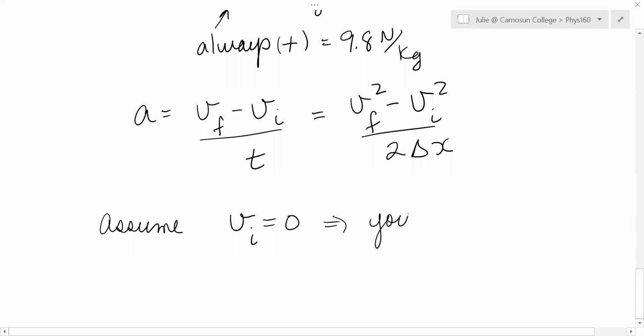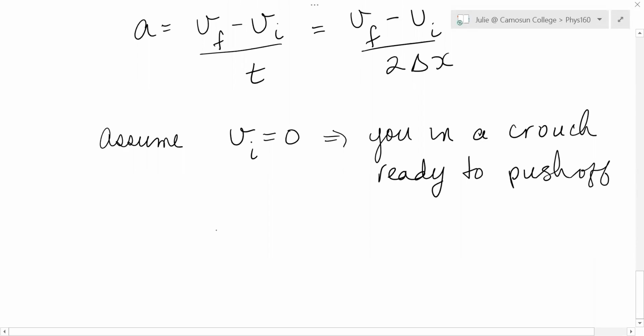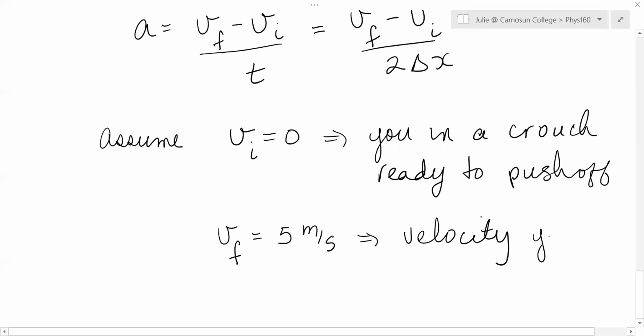This is you in a crouch, ready to push off. And then let's say that you leave the ground at 5 meters per second. That's pretty high. Okay, so this is velocity. You leave the ground with that, and that's positive because you're jumping up, and on the way up, after you've pushed off, you become a free falling object.